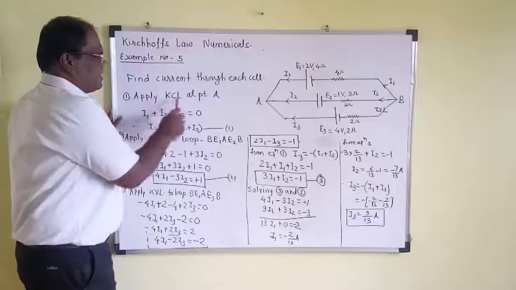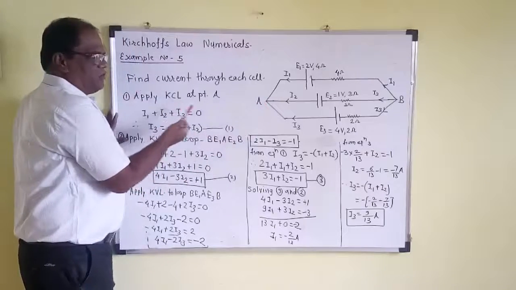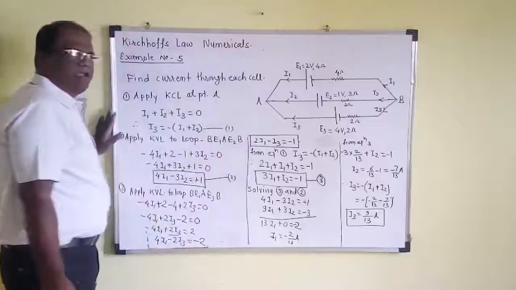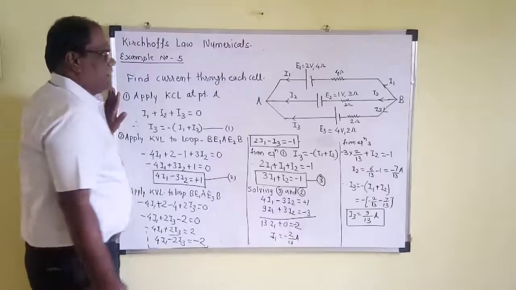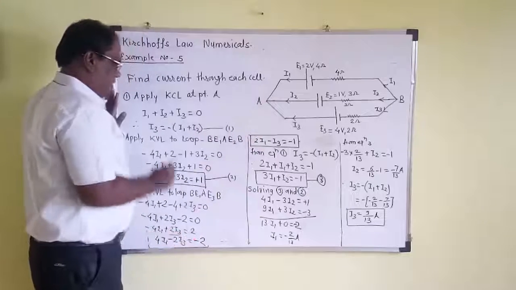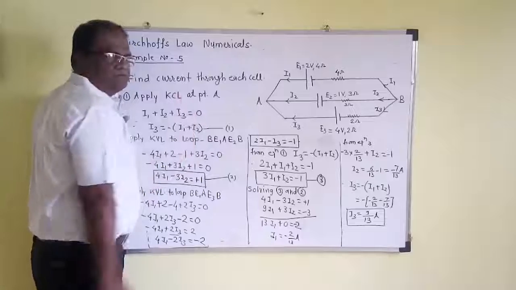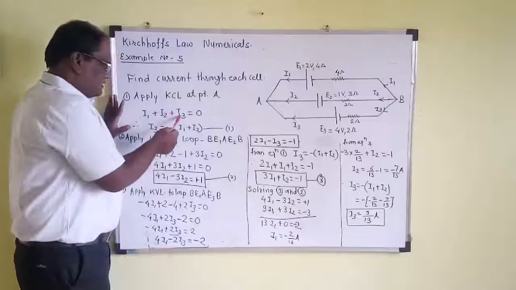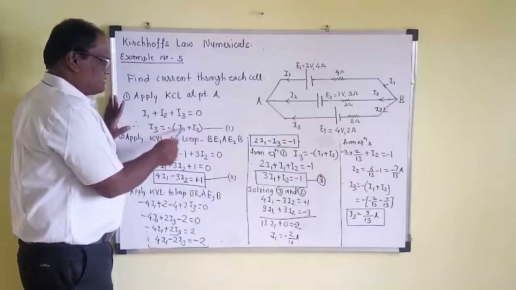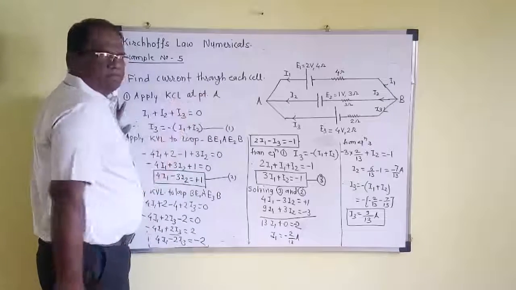From this current law, we know that the algebraic sum of currents at any junction is 0, and current entering the junction is treated as positive. Here, thus I1 plus I2 plus I3 is equal to 0. Thus, I can write I3 is equal to minus (I1 plus I2). This is equation number 1.